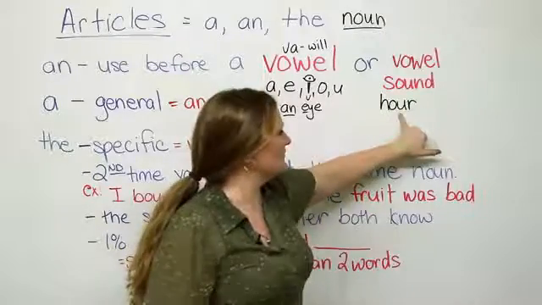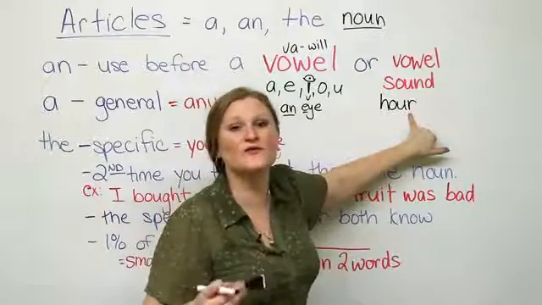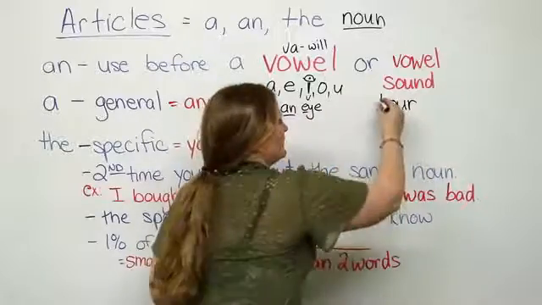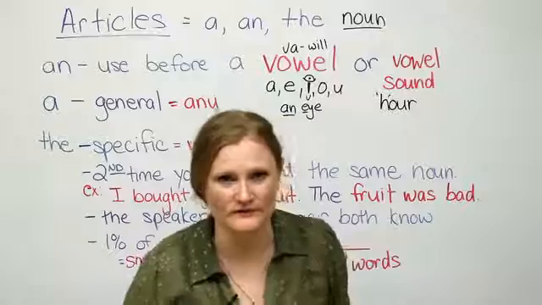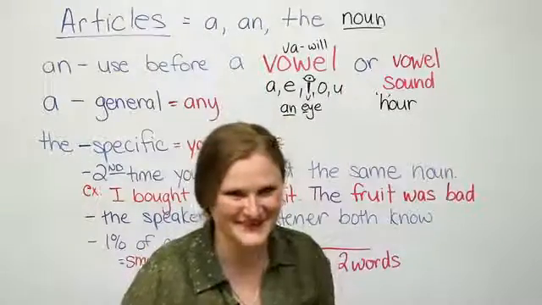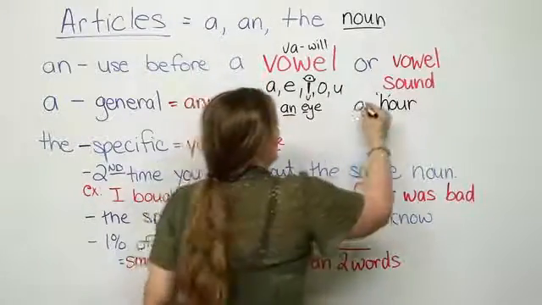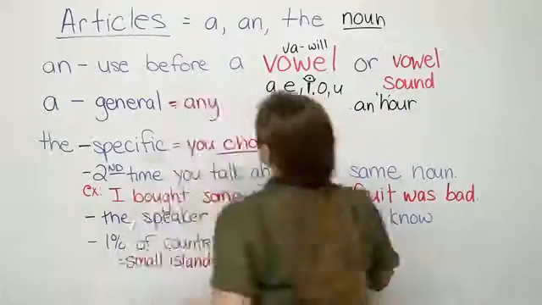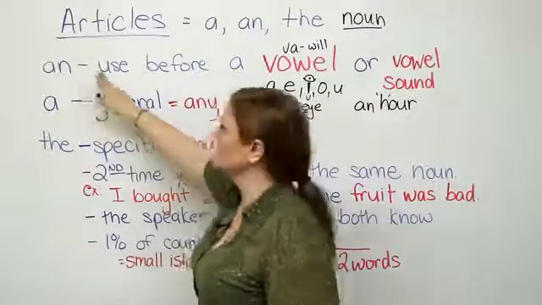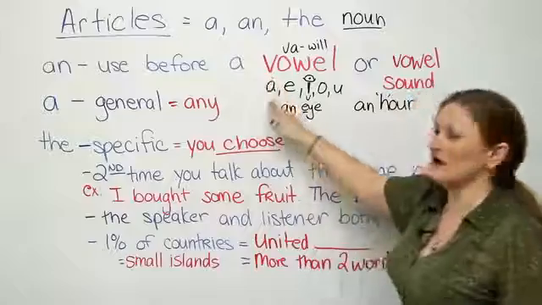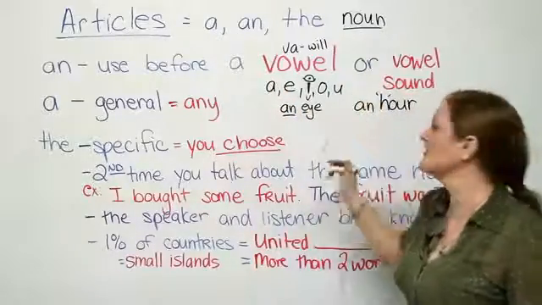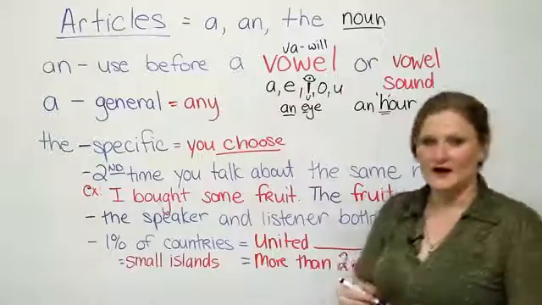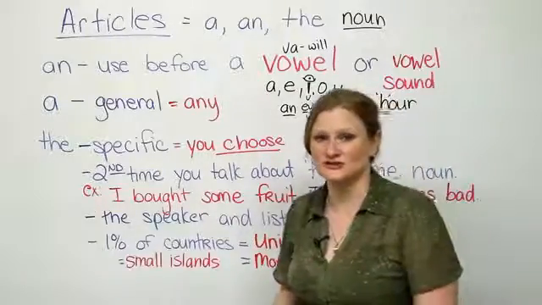So, because this word hour sounds like a vowel, because the H is silent, we have to say an hour. Okay, you got it? You with me? An hour. So, an we use before a vowel or before a vowel sound. Usually a noun that begins with an H.